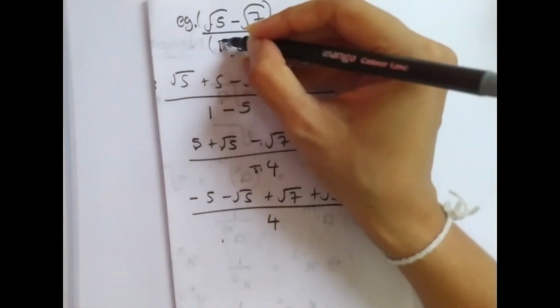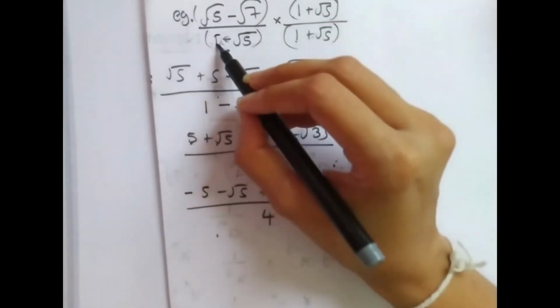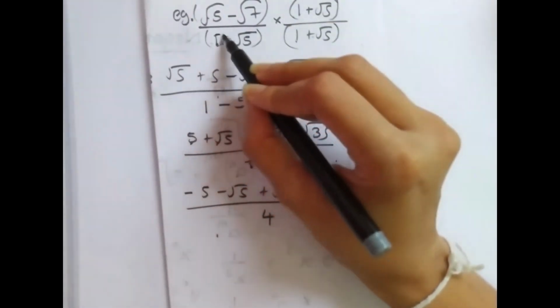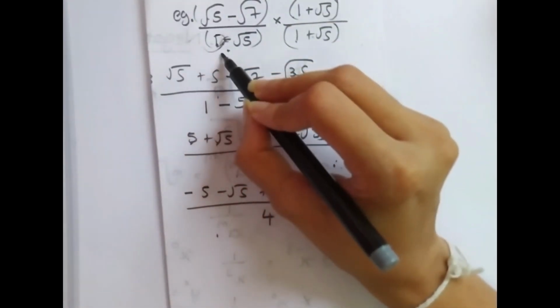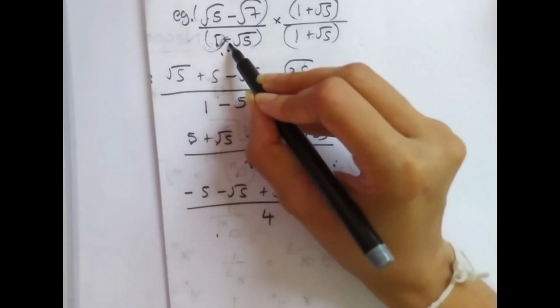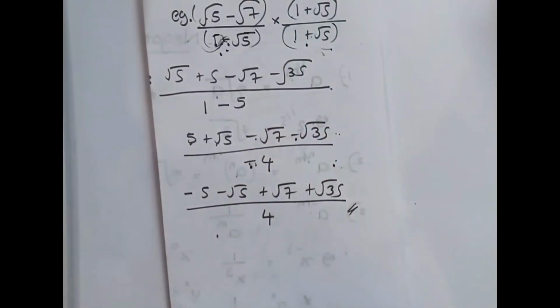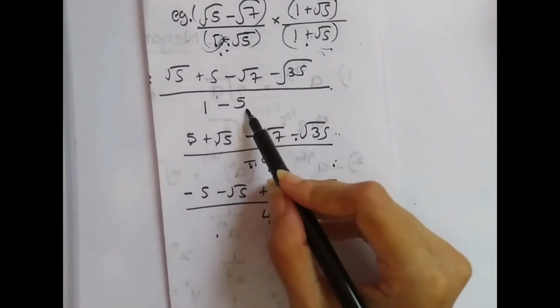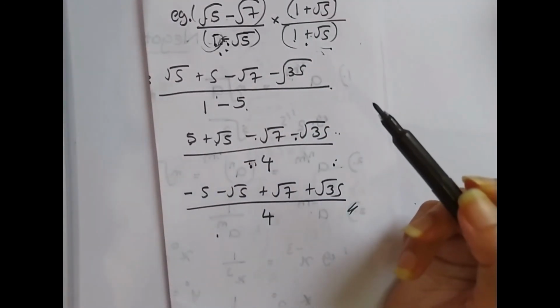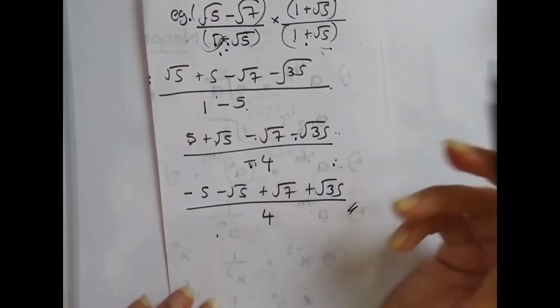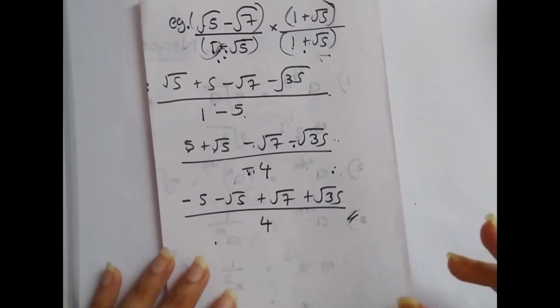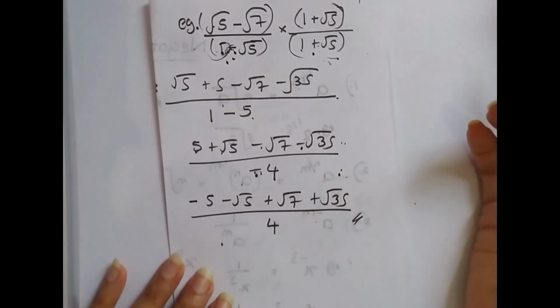Even if you have an irrational number here also, it doesn't matter, but the sign here should be the opposite one. Then only you will get a whole number like this. Now I think you have clearly understood what rationalizing the denominator is.